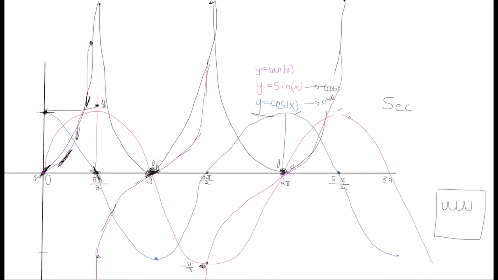But they both have similar patterns, I guess. So we know that secant is based off cosine. So these graphs are going to have something to do with cosine because they look really similar to secant, which is based off of cosine. So in other words, they look like they could be based off of cosine. Now the question is, how are they related to cosine?